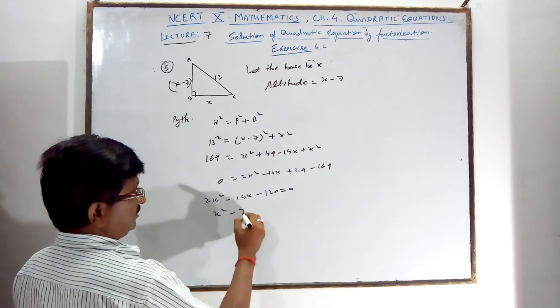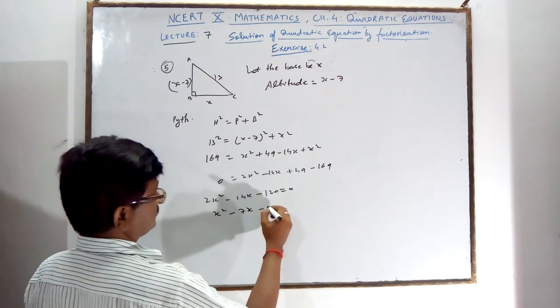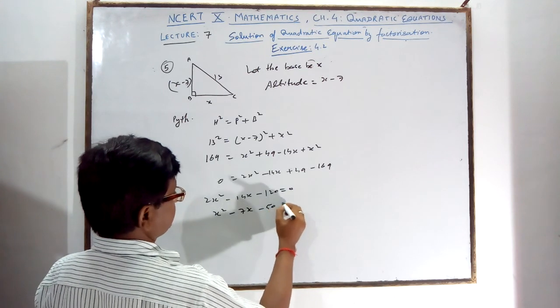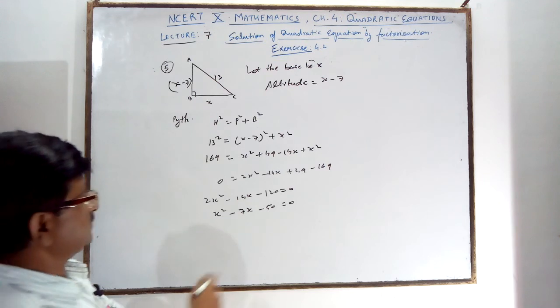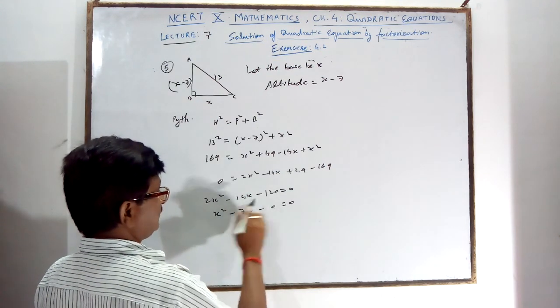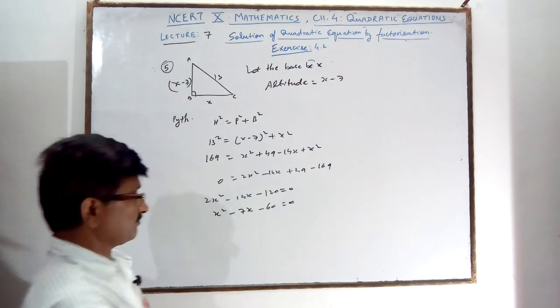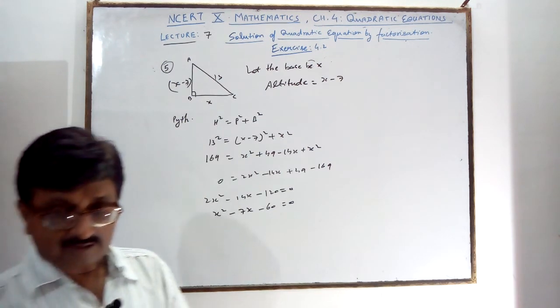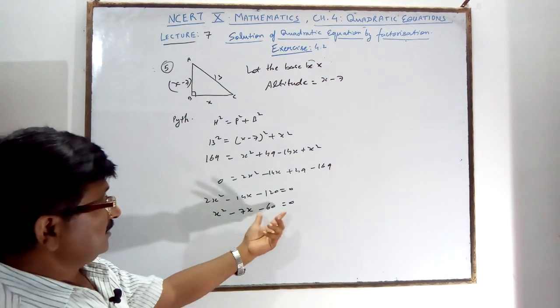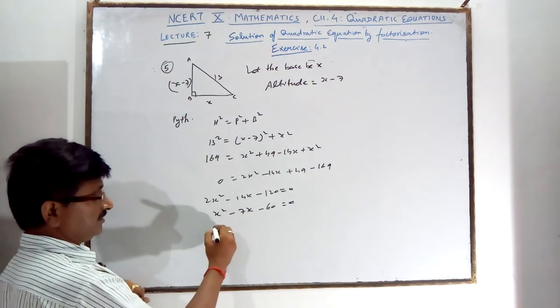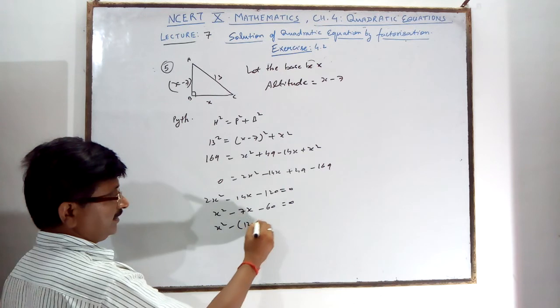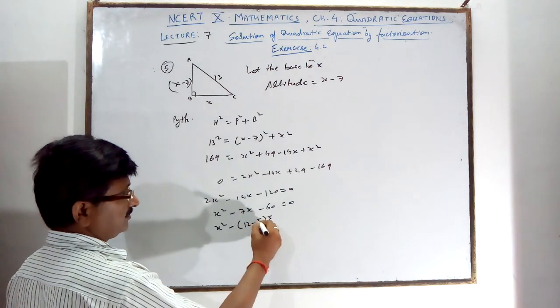Or you can write it like this, x square minus 7x minus 60 equals 0. Very easy. Factorize 60: 12 times 5 is 60, and the difference of 12 and 5 is 7.